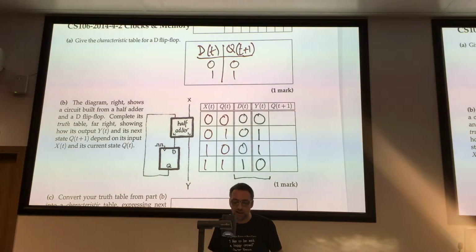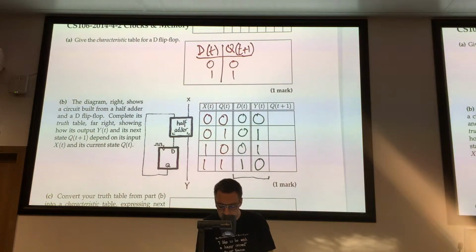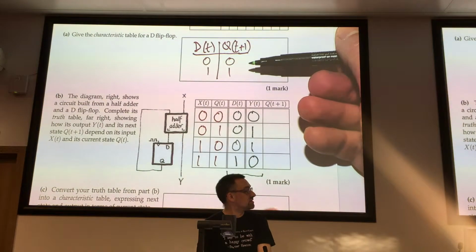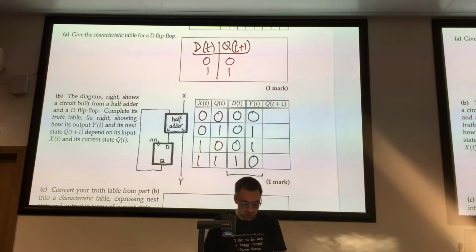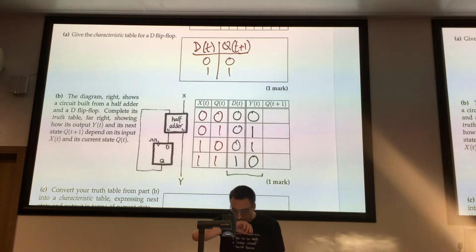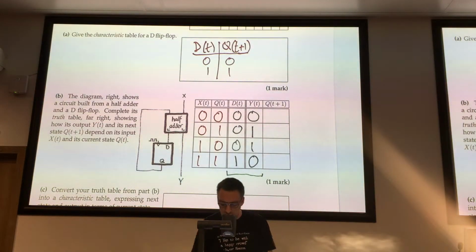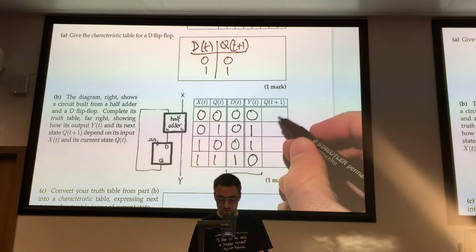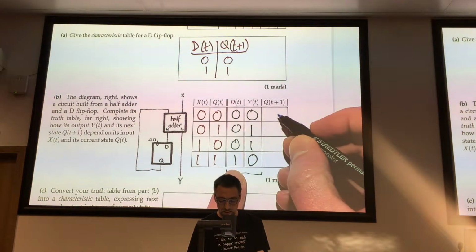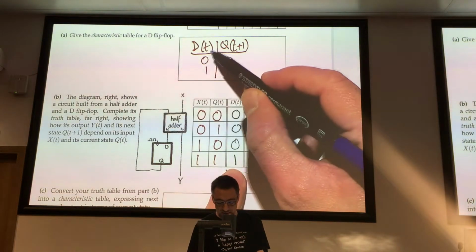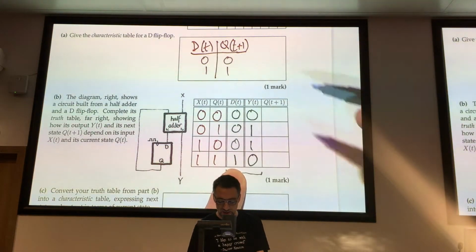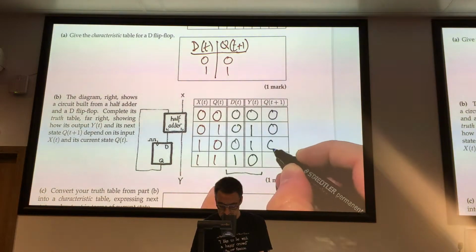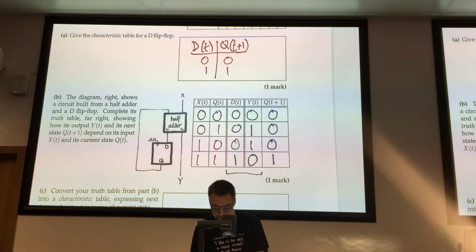Okay, and now that we know what D of t is, our characteristic table should tell us what Q of t plus 1 is. What goes in this column? It's the same as D, yeah? This tells us that Q of t plus 1 is always the same as D of t. So, 0, 0, 0, 1.